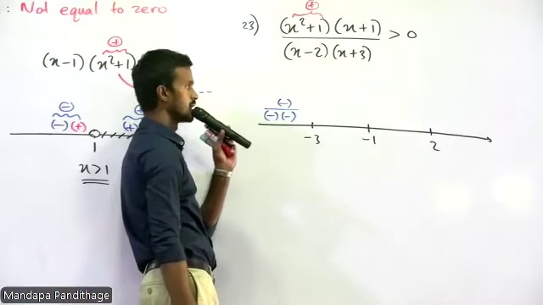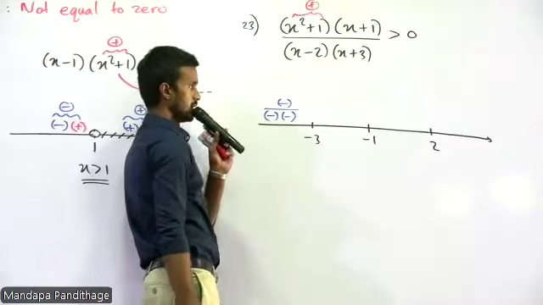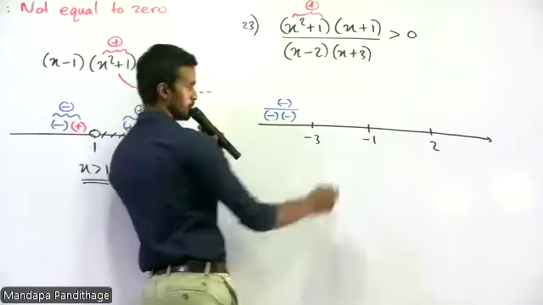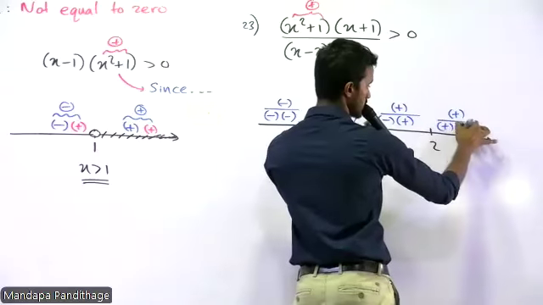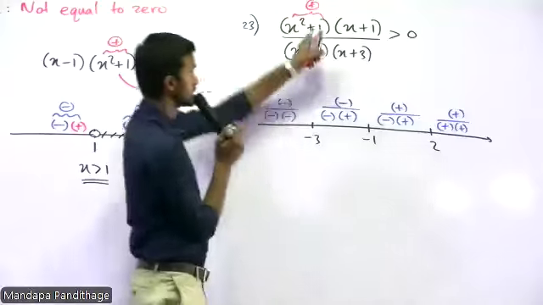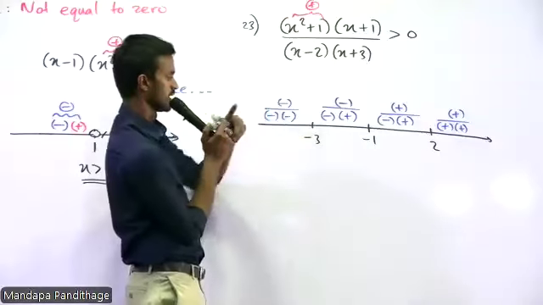I only consider the last sign. If you put minus 2, it's minus. Here it's minus, but minus through plus 3 is plus. If I go plus 1, it's plus. Anything greater than 2, all are plus. If you want to write this x squared plus 1 plus, you can, but no difference.